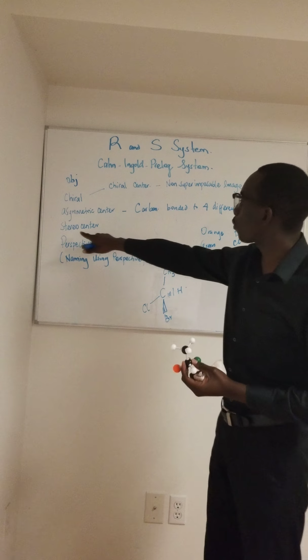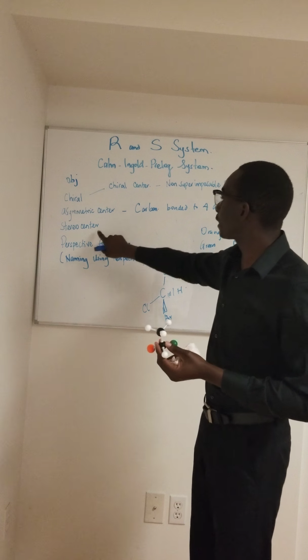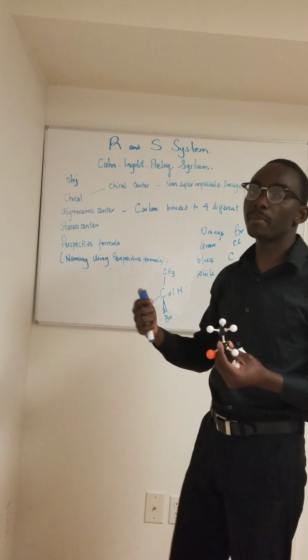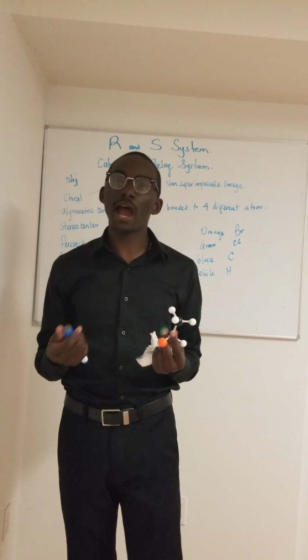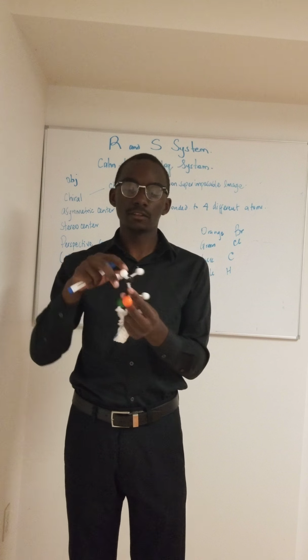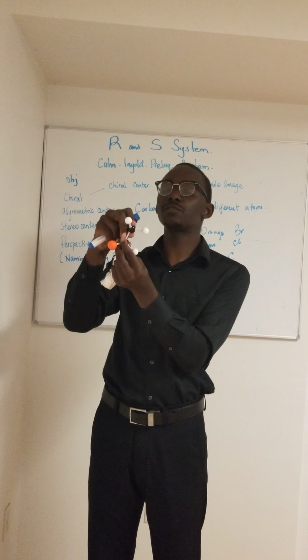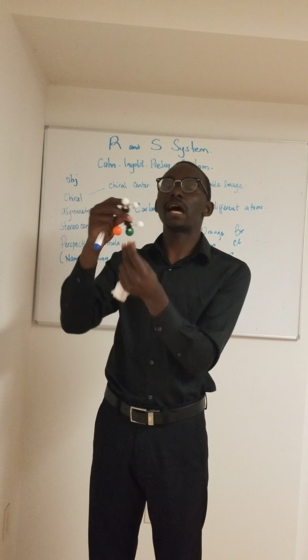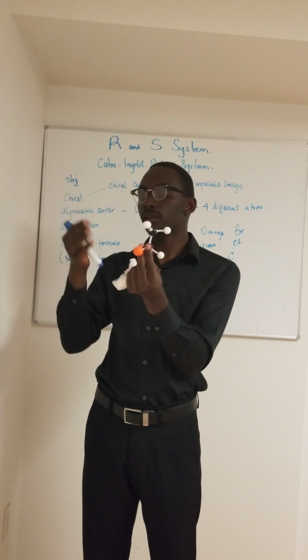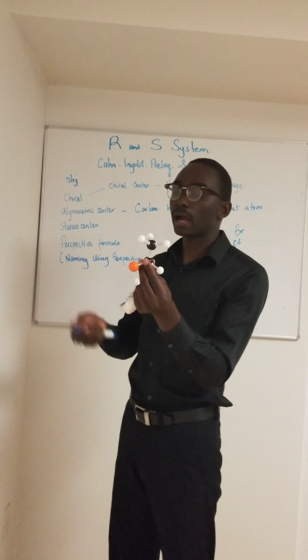If we go to what we call a stereo center, an asymmetric center is also a stereo center. Remember when we talked about stereoisomers, we said they only differ in their arrangement in space. Now this carbon is a stereo center because I can rearrange this molecule to get a different spatial arrangement.